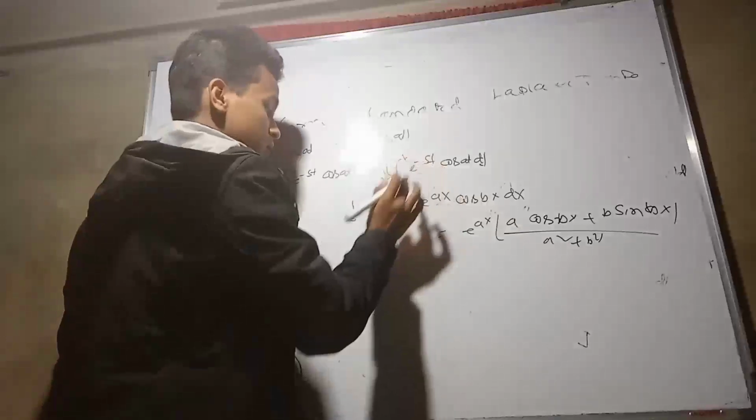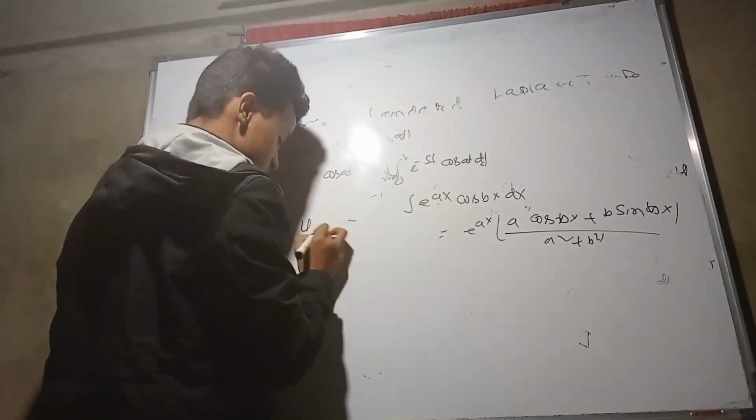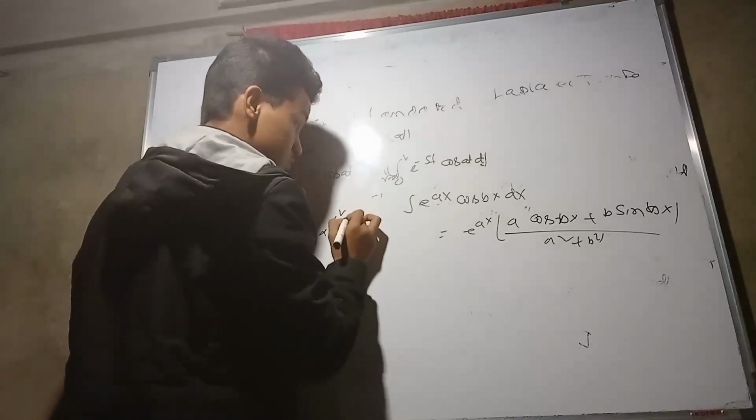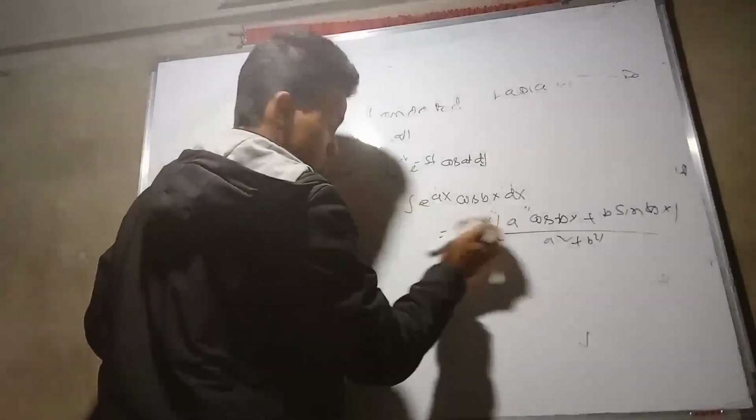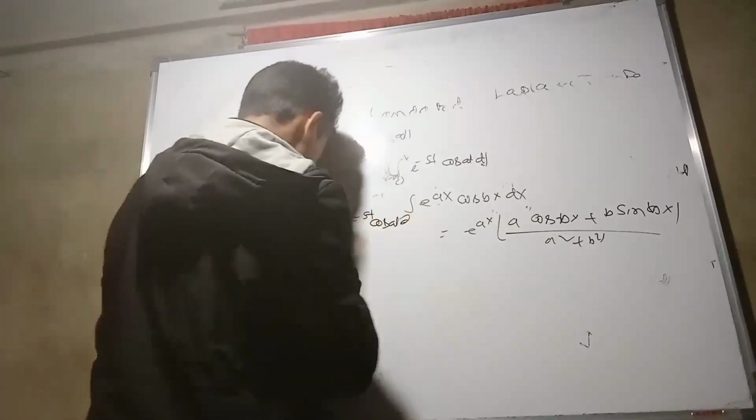So after using this, we get the limit as b tends to infinity of the integral from 0 to b of e to the power minus st cos at dt.